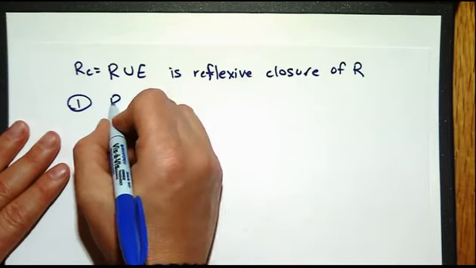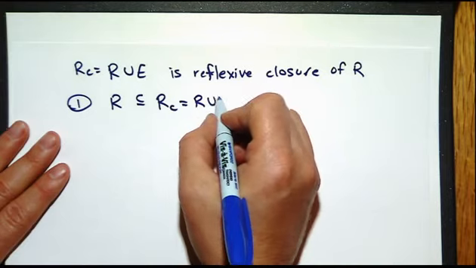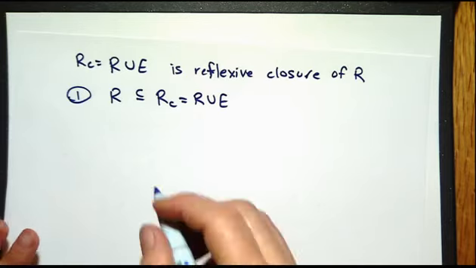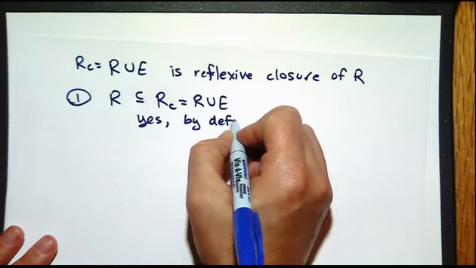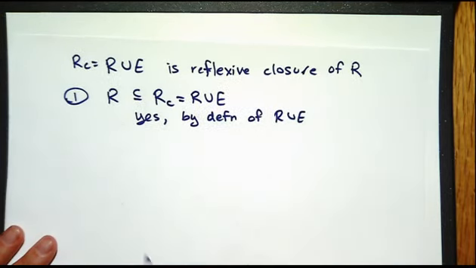One, that R is a subset of RC, where RC is equal to R union E. Is R a subset of that? Yes, because of the definition of union. Union says add the stuff from both of these. That doesn't delete anything, so everything in R has to be in R union E by the definition of R union E.